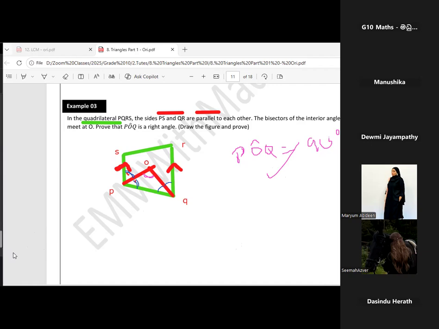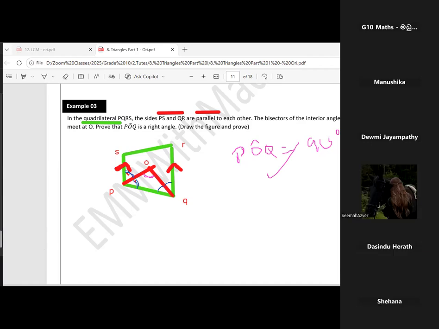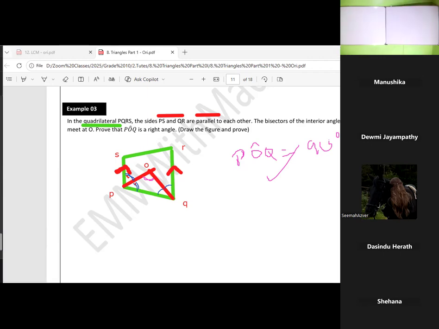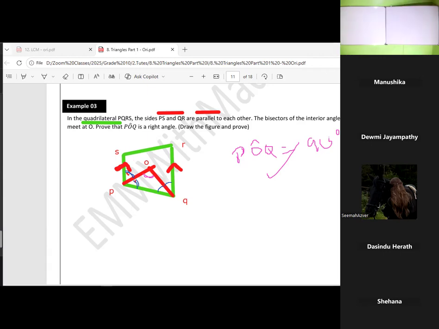Now focus on the board. I have given you some time. Don't think too much. Just do what you know. Right. So you will get lot of things. Right?